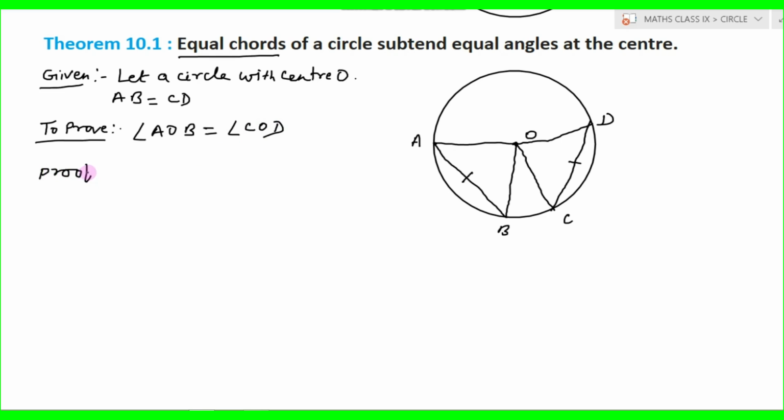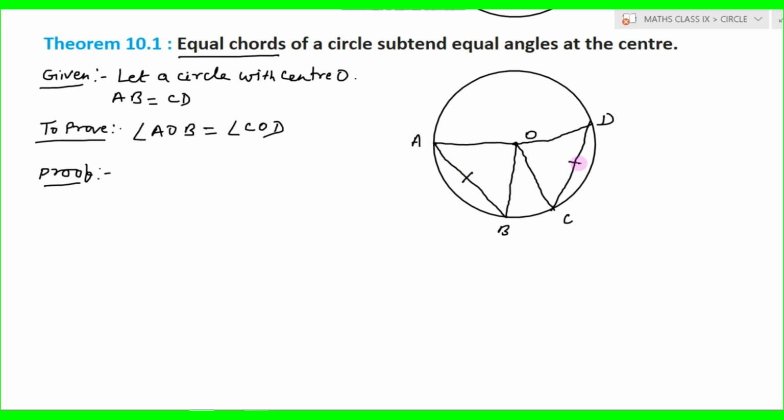How to prove this? For proving this, we need to prove triangles AOB and COD congruent. We already have 4 criteria to prove two triangles congruent. Which criteria can fit here? We have to observe in the figure.